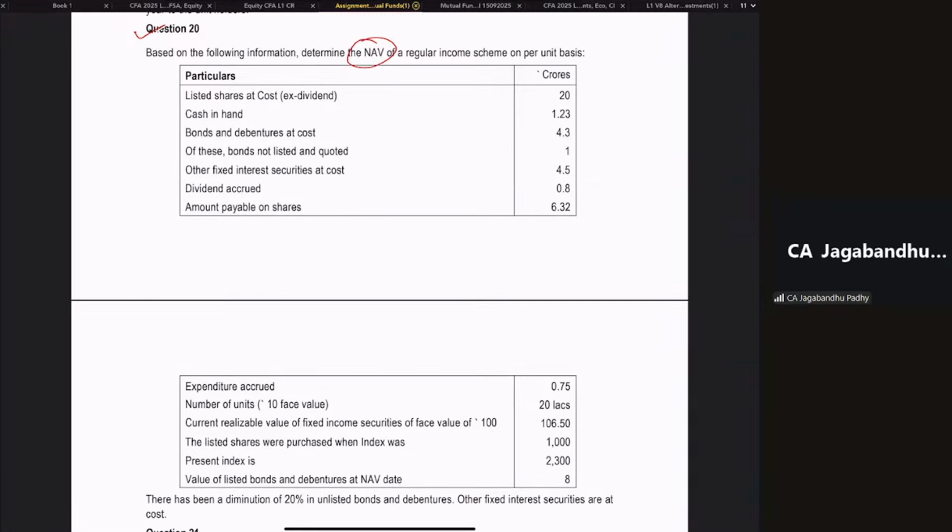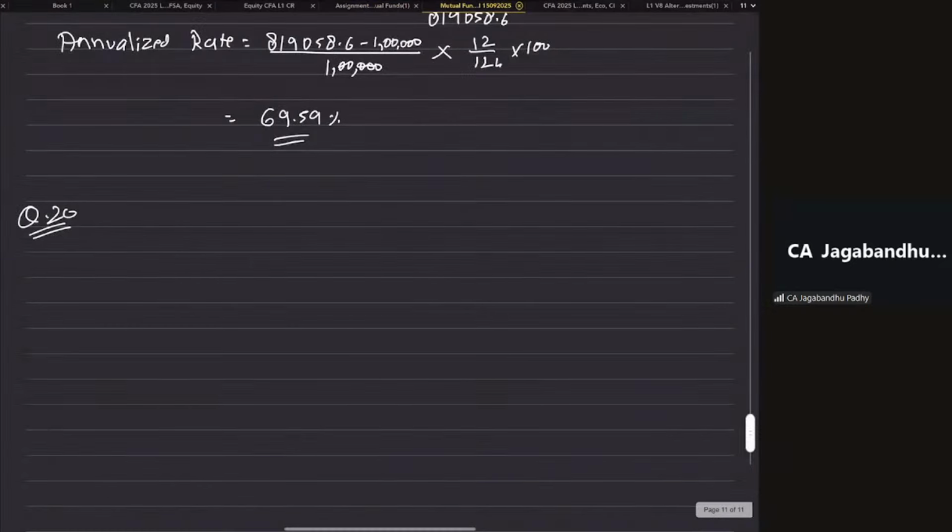Okay, let me start. What are the assets which the mutual fund is having, guys? One is listed shares, which is equity shares. Then you have cash in hand, you have bonds. Let me write it down.